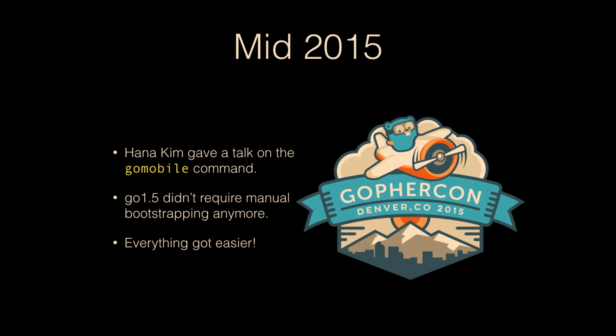We learned a lot about Go Mobile after her talk, and we also discovered that Go 1.5 didn't require manual bootstrapping anymore. It was easier to build cross-compiled applications with Go 1.5, and everything just got easier. And I'd like to tell you a bit about the Go Mobile command because I think that it is important, and we adopted it in our build scripts that very night.